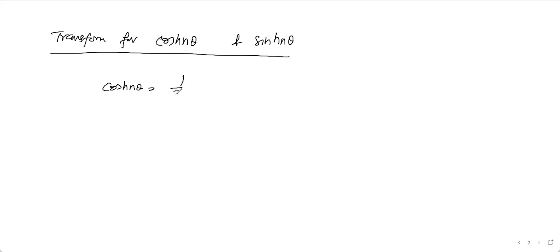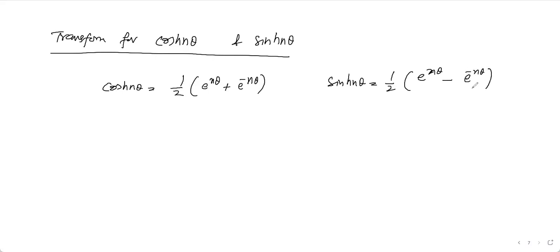That will be half of e to the power of n theta plus e to the power of minus n theta, and sinh n theta will be half of e to the power of n theta minus e to the power of minus n theta. Okay, and now let us obtain this result first.